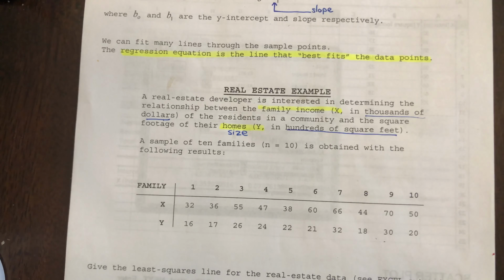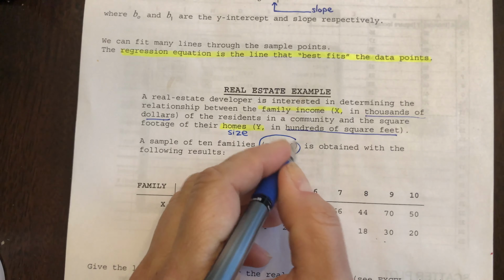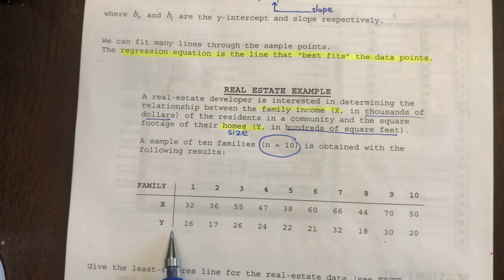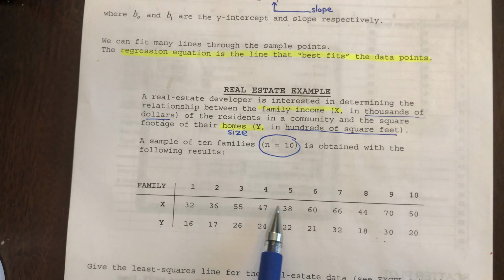We took a sample of 10 families and plotted the data on a scatter plot in the correlation section, and also determined that there seemed to be a positive linear relationship between a family's income and their home size. Why was it positive? Because as income goes up, we tended to see that the square footage of the homes also increased.